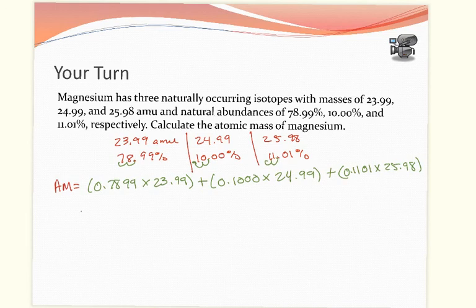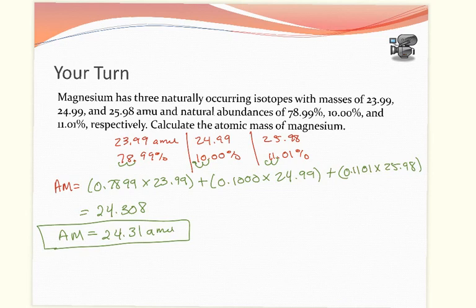Okay, and we plug this in, and we end up with 24.308, and we are limited by 4 significant figures, so we will report it as 24.31 AMU.